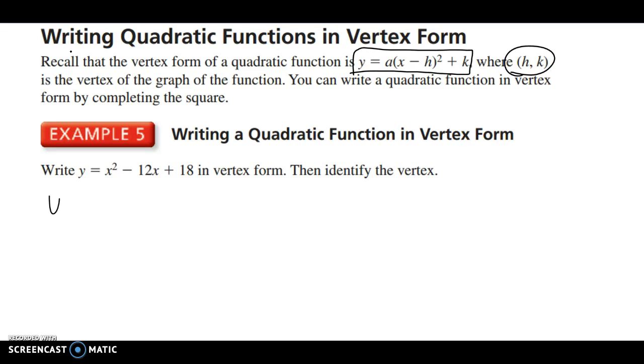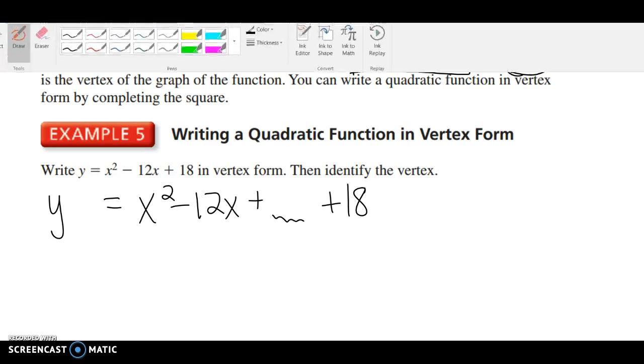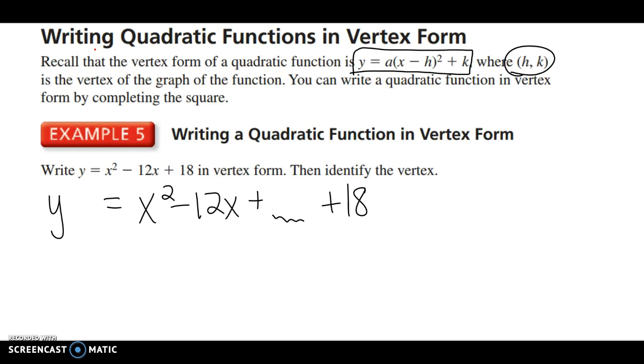So I'm going to say y equals x squared minus 12x plus a little space for completing the square plus 18. So when I complete the square, I get 12 divided by 2, 6. 6 squared is... So now that I've completed the square, I added 36 on both sides.